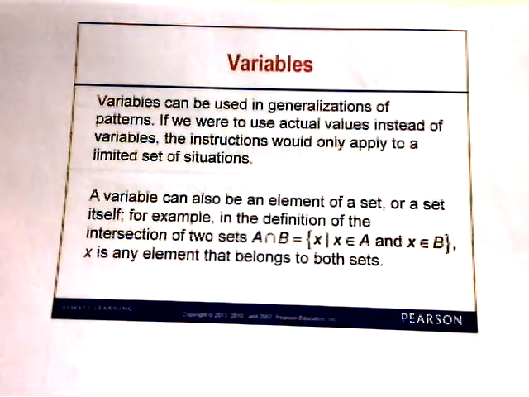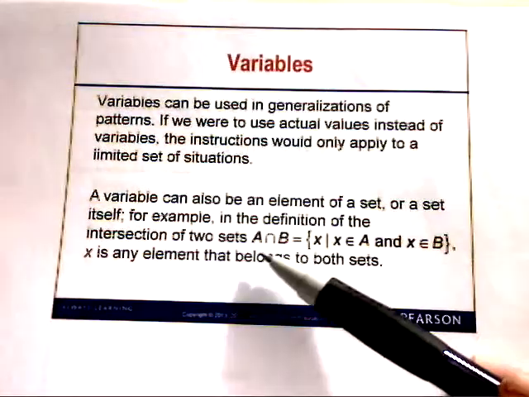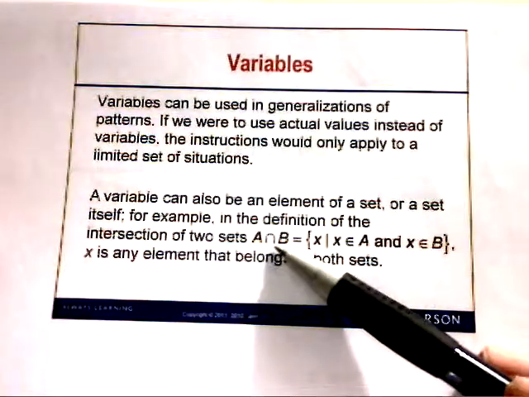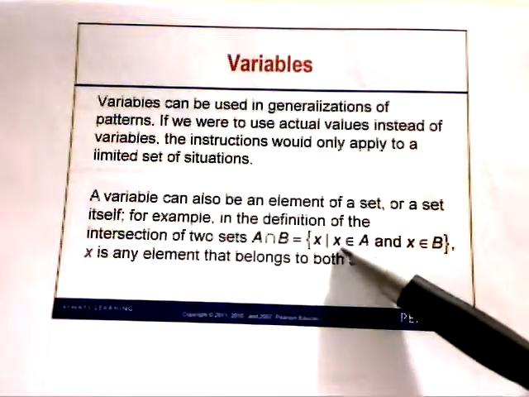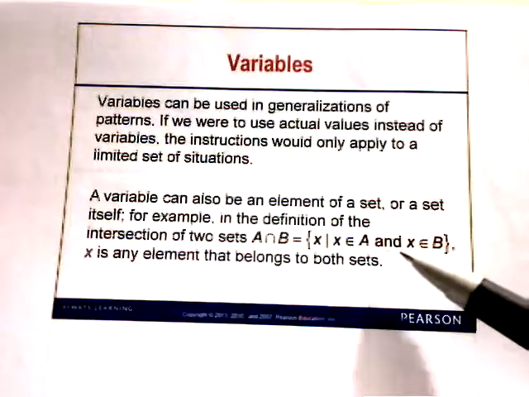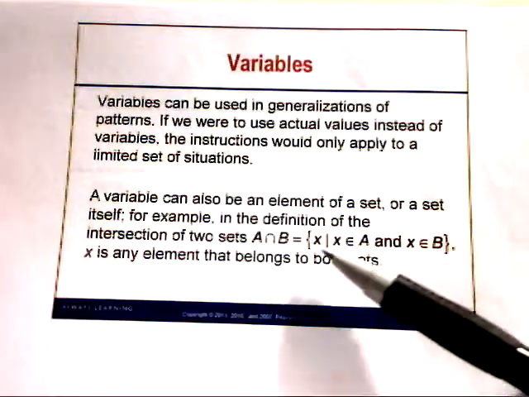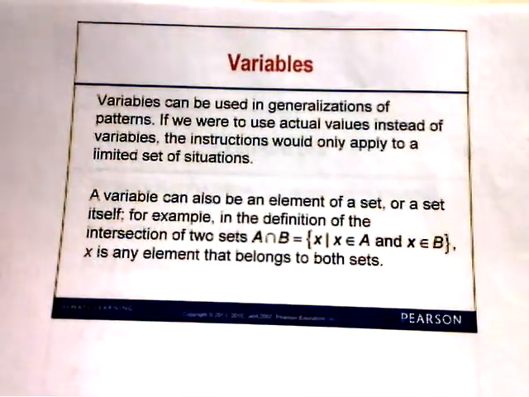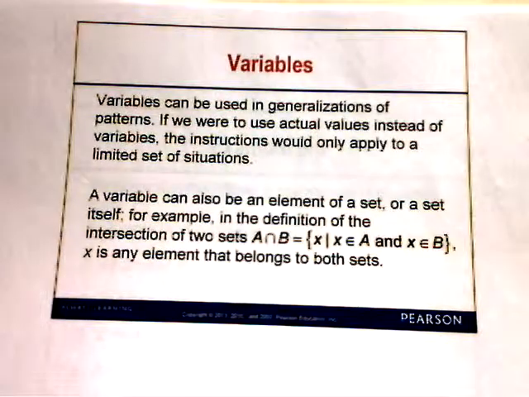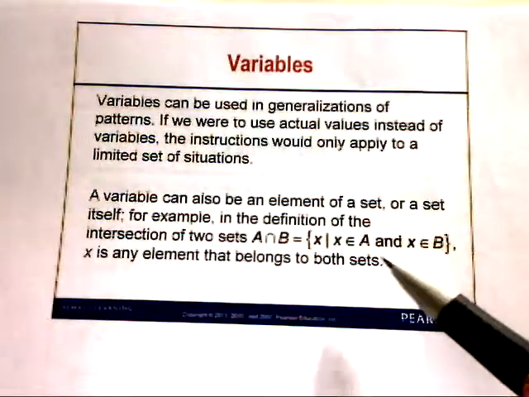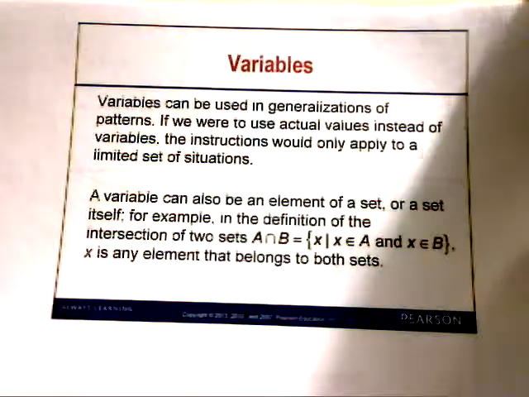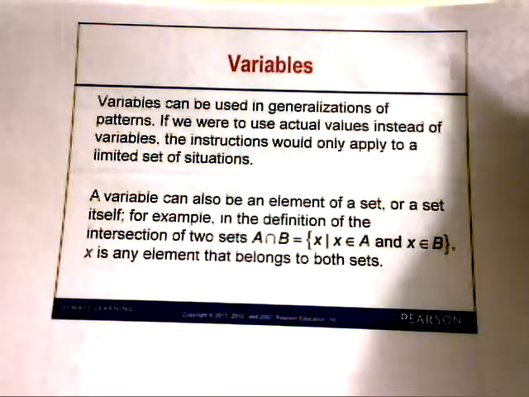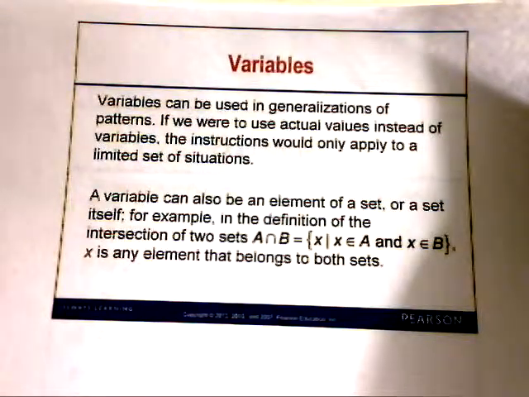Like, for example, in the definition of the intersection of two sets, where you have A intersection B, that's represented by the set of all x, such that x is an element of A and x is an element of B. Here the x is a variable that represents any element that belongs to both sets A and B. So this is an illustration of how a variable can be used as an element of a set or a set itself.